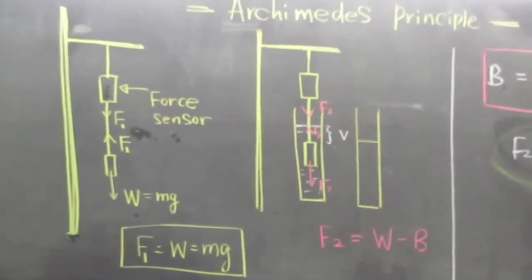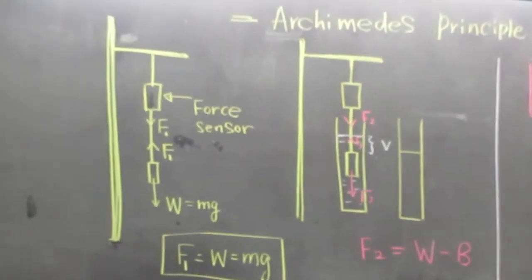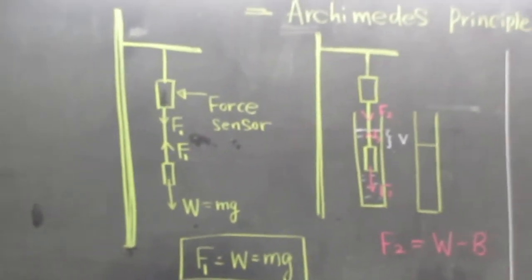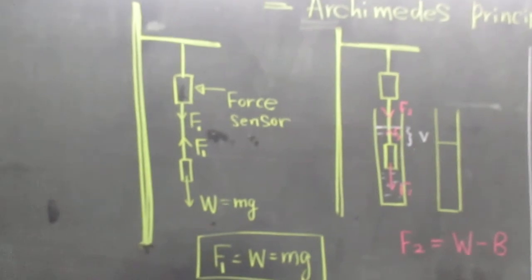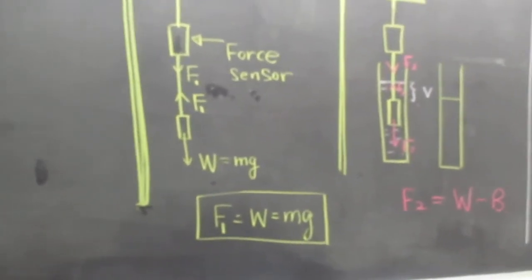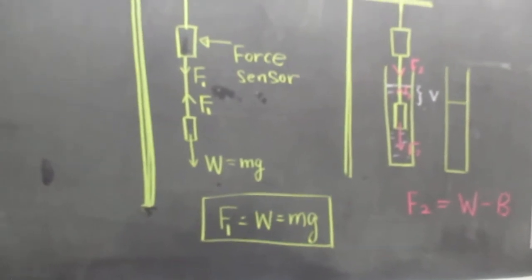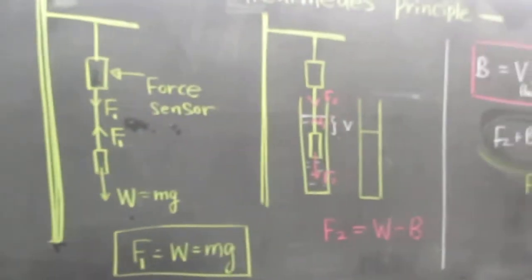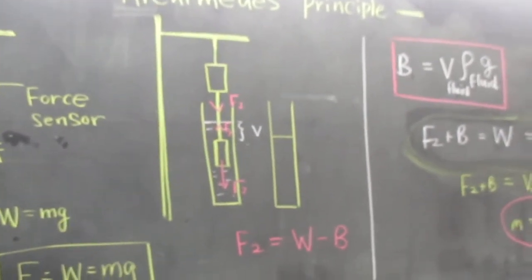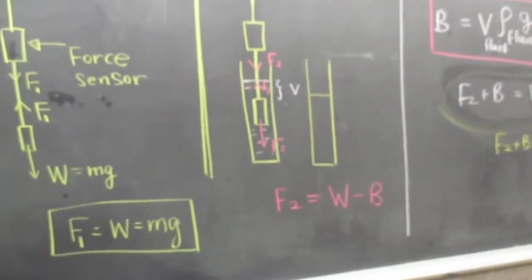So our basic design is we're going to make a couple measurements. One is we're going to measure the weight of an object. We have a few different types of metals to choose from. And we will next measure the weight of the object when it's submerged.